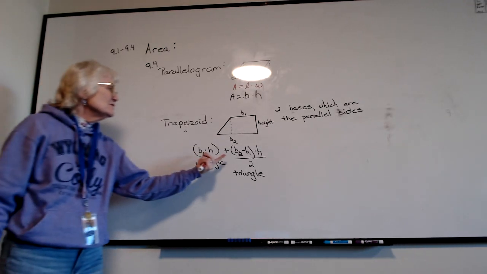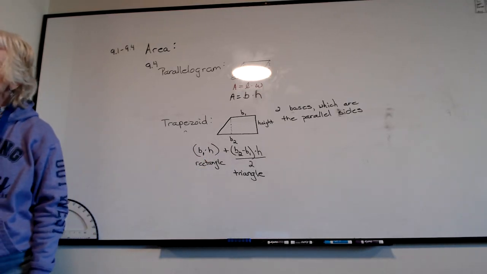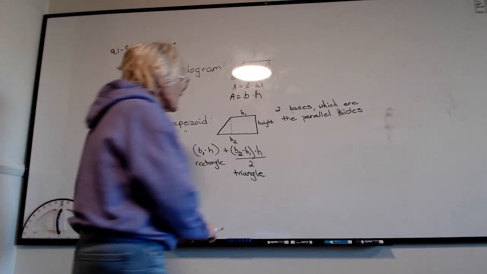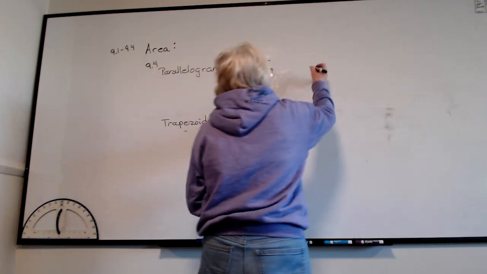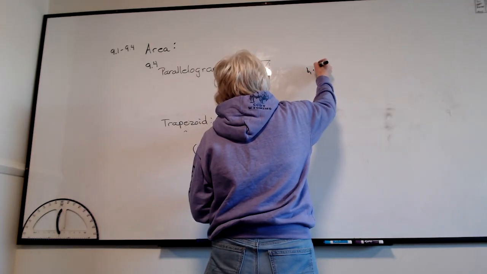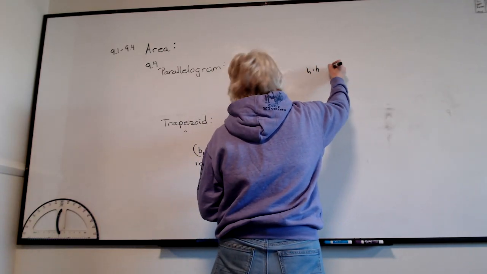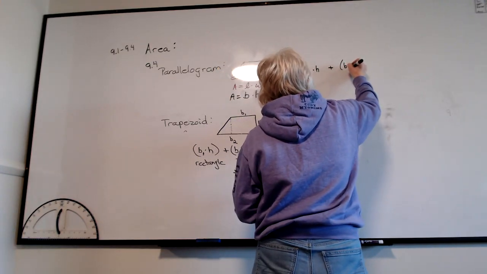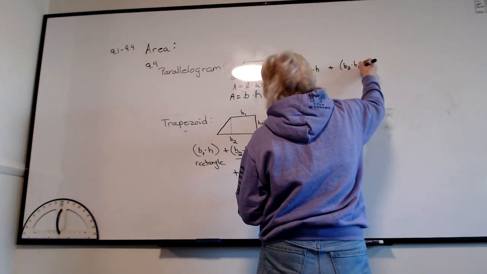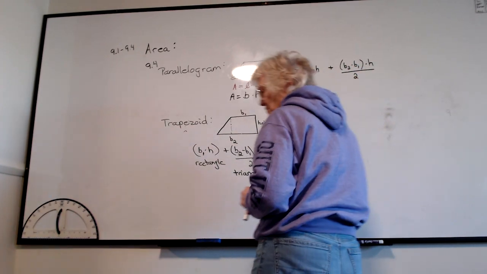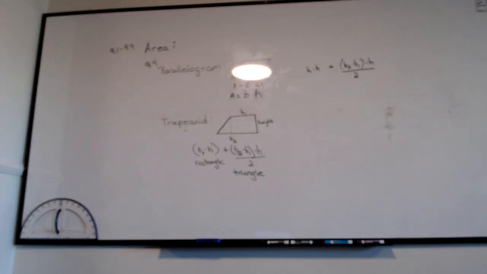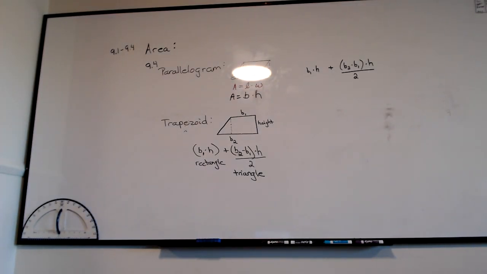We are going to put these two together and see if we can come up with a formula. I'm going to erase this so we have more room. So we have base 1 times height plus base 2 minus base 1 times the height over 2. Does everybody agree with that? I just rewrote that.